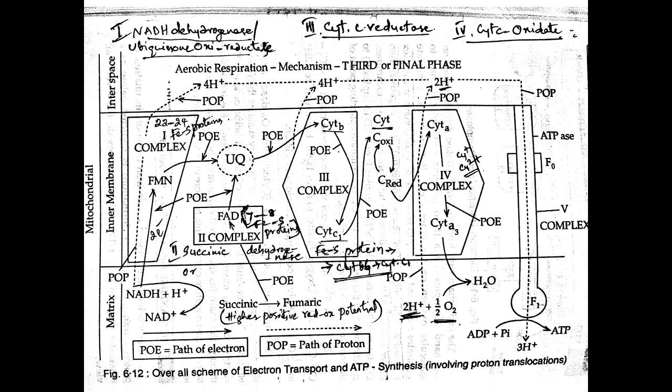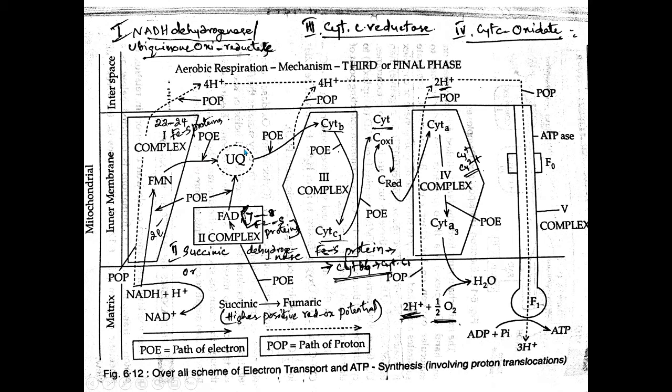Ubiquinone is an electron carrier, and this is the ubiquinone cycle, where initially it is present in the oxidized form, that is ubiquinone.